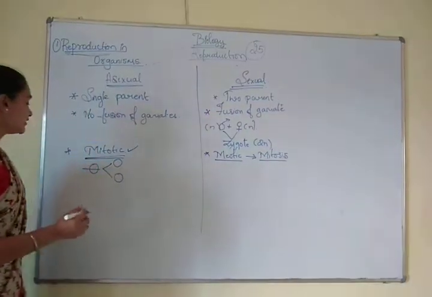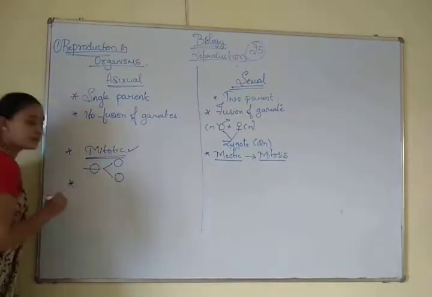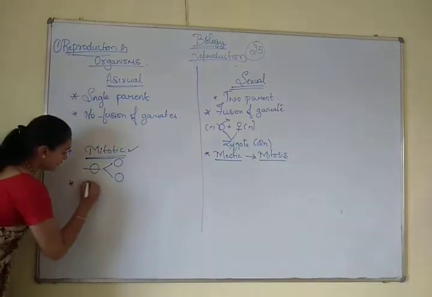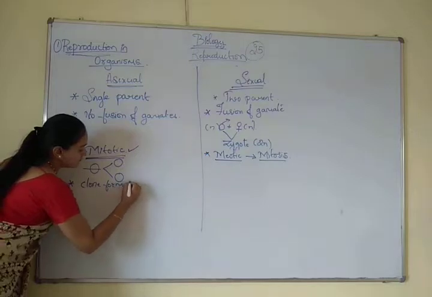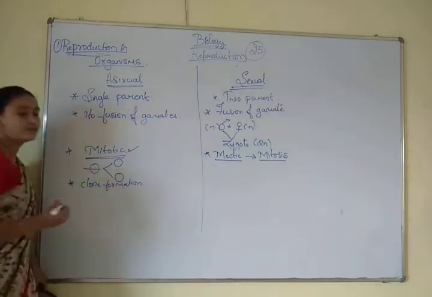So in asexual reproduction, since there is only mitotic division, there will be clone formation.